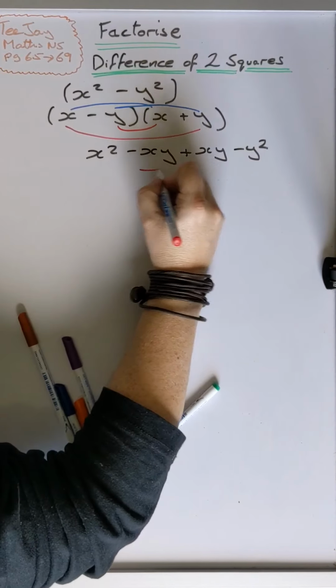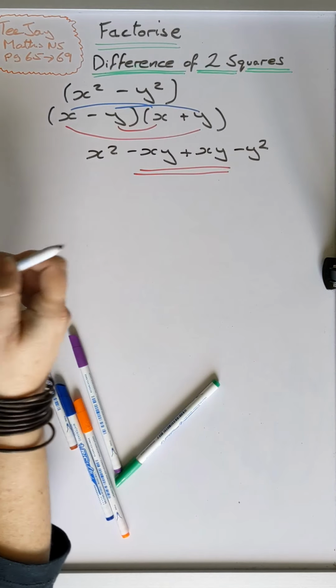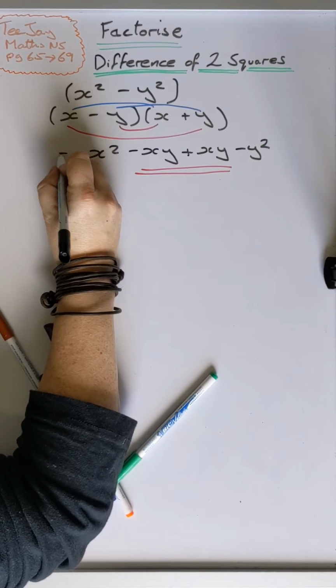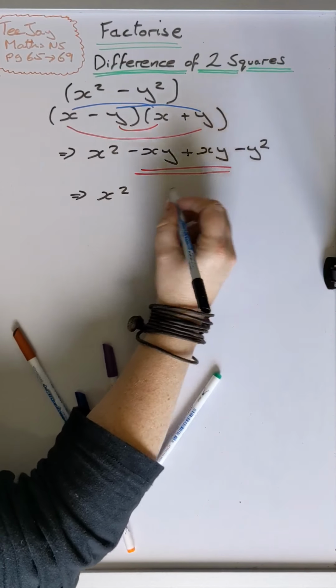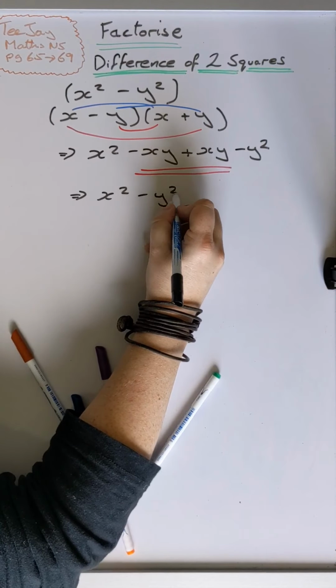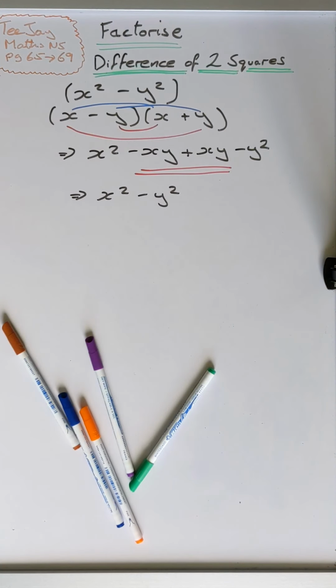You can see here that these cancel each other out. So what we end up with is x squared minus y squared, as in the bracket.